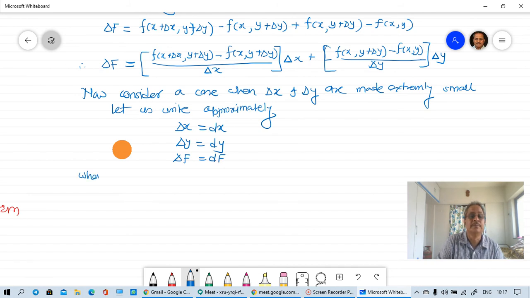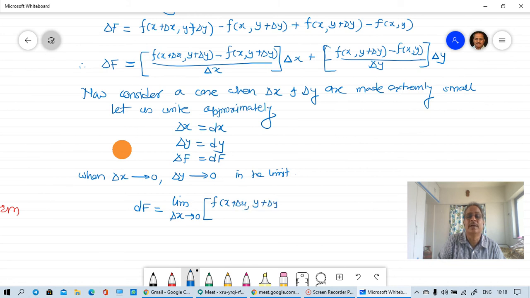So when delta x tends to 0, made as small as possible, as well as delta y is made as small as possible, approaching 0, then in the limit we can write the above equation as: the left hand side will be replaced by df, and the right hand side can be written as limit delta x tends to 0, the bracket f of x plus delta x and y plus delta y minus f of xy divided by delta x, and write the delta x out of the bracket as dx.